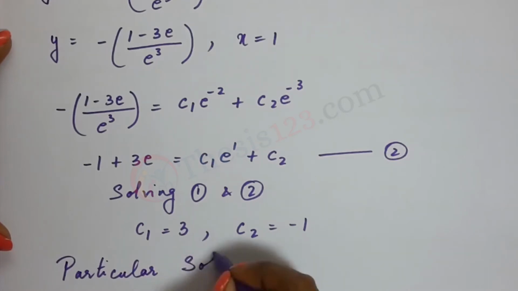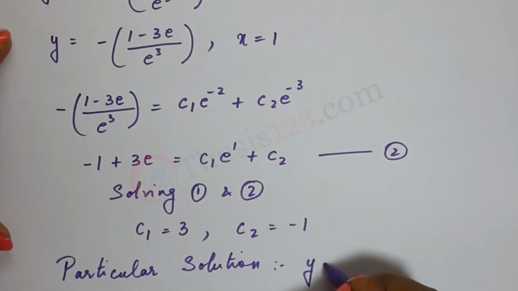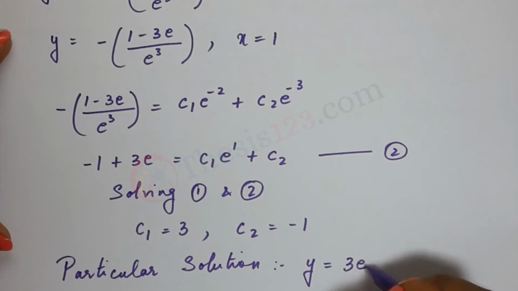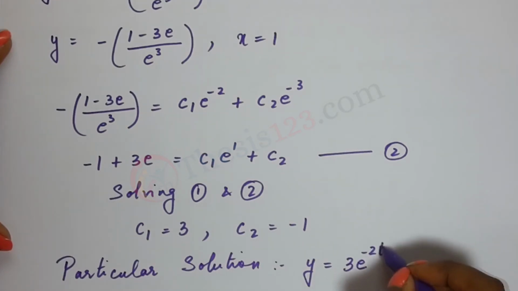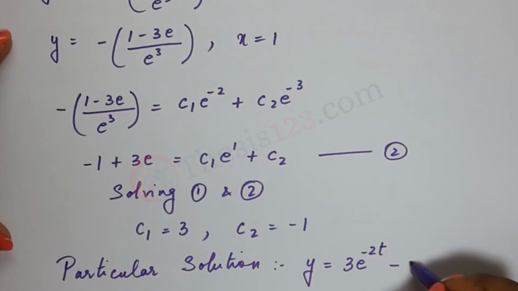The particular solution is y = c1 e^(-2t) + c2 e^(-3t). That becomes y = 3e^(-2t) - 1e^(-3t).